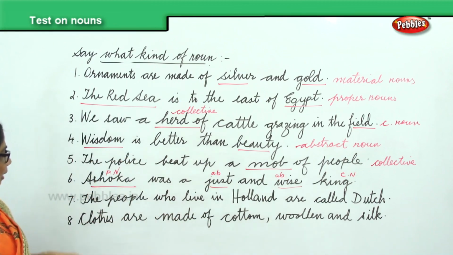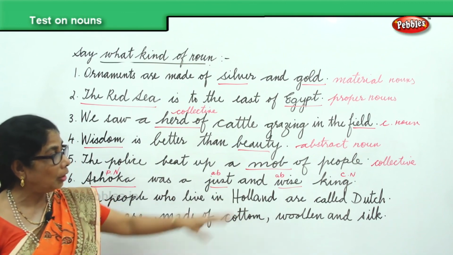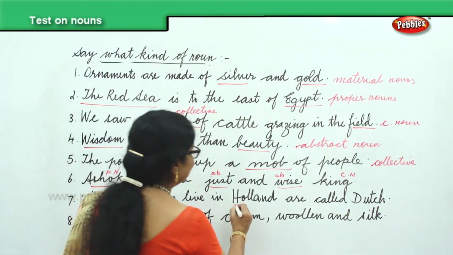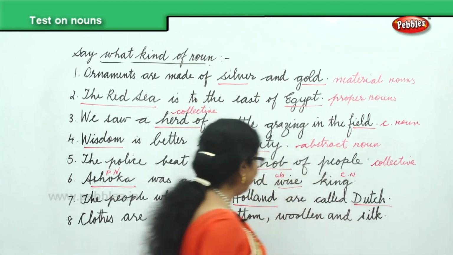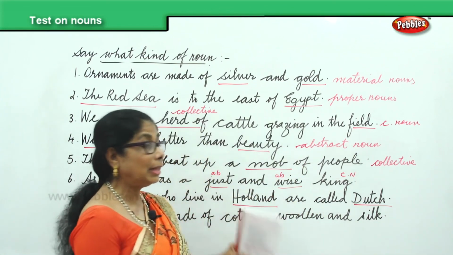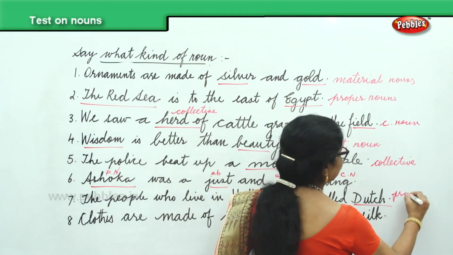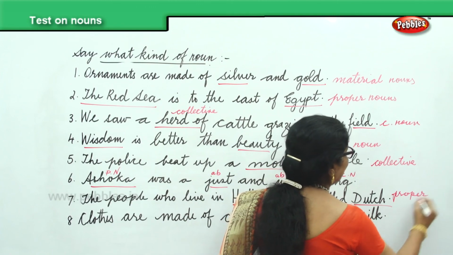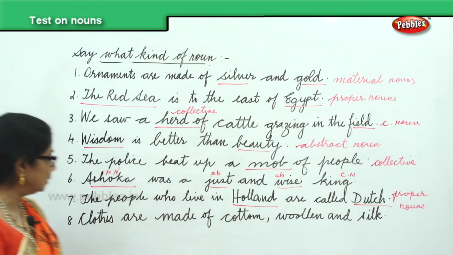In the seventh sentence you have, the people who live in Holland are called Dutch. Holland, people of Holland, this is a proper noun. We can say they are Dutch people. Holland is the place. The people are called Dutch. Both are proper nouns. And finally, we have the last sentence.